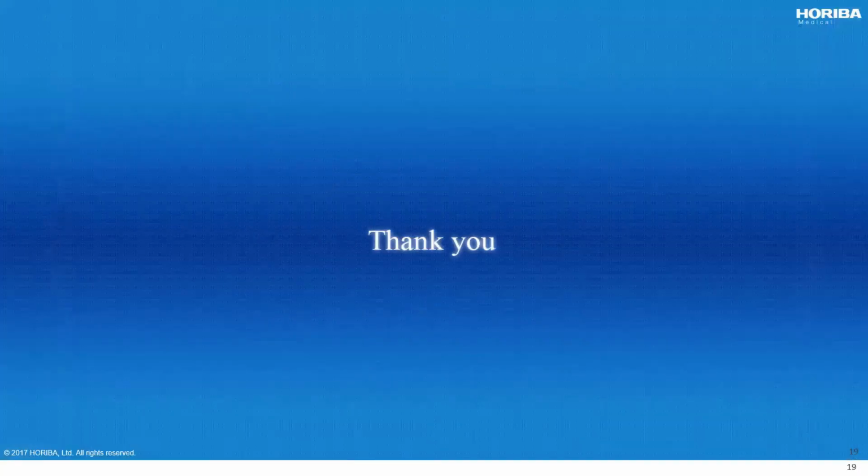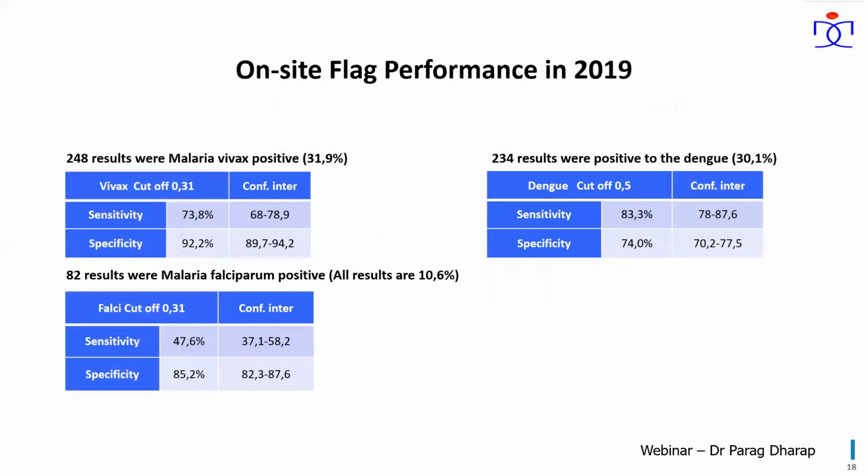We didn't stop at the 2018 study. I would like to share the data where on-site flag performance was also studied in 2019. In 2018, HORIBA tried to gather more falciparum infections and hence had set up 2 sites in Africa.